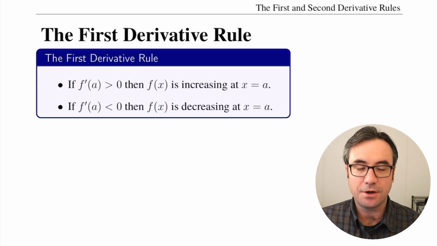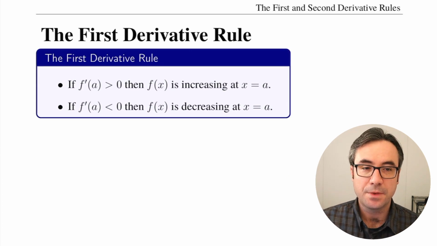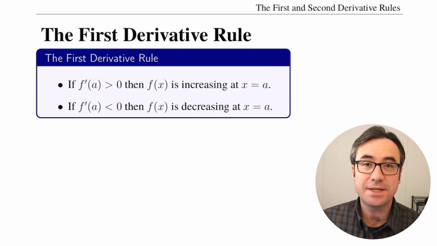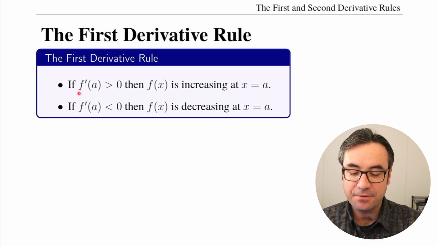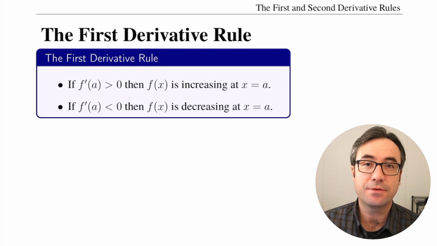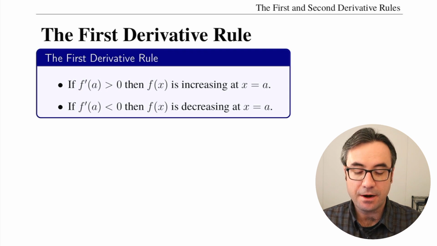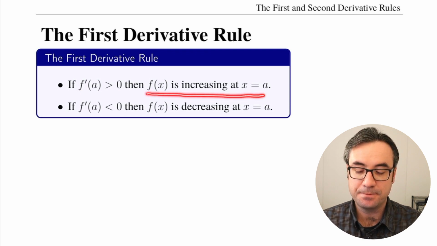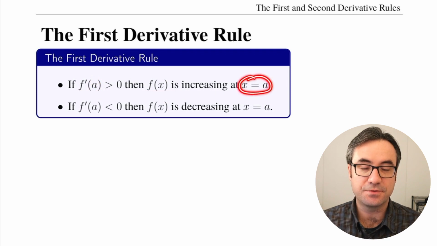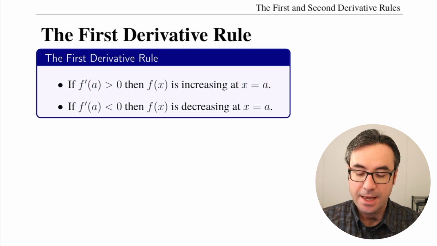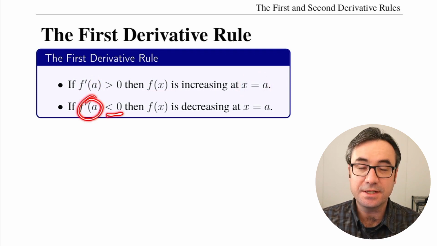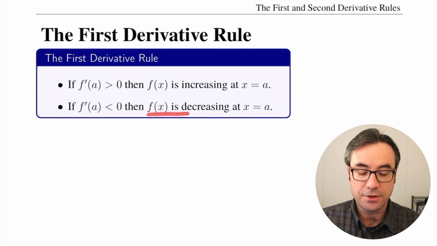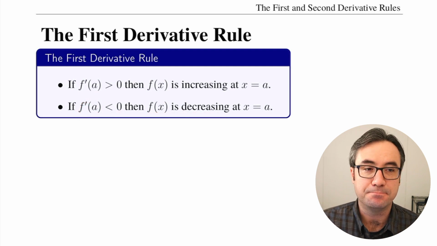And we have what's called the first derivative rule. What this tells us is that if our first derivative is greater than 0, then our function is increasing at this x value, x equals a. And if the first derivative is less than 0, well, then our function is decreasing at that spot.